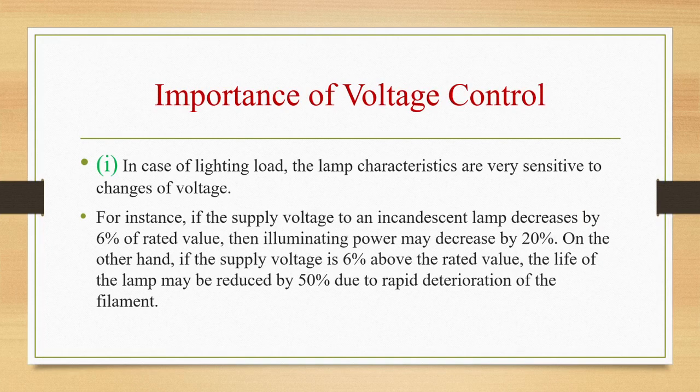For example, if the supply voltage to an incandescent lamp decreases by 6% of rated value, then illuminating power will decrease by 20%, and if the supply voltage is 6% above the rated value, then the life of the lamp will be reduced by 50% due to rapid deterioration of the filament. So here we are giving the example of an incandescent lamp.